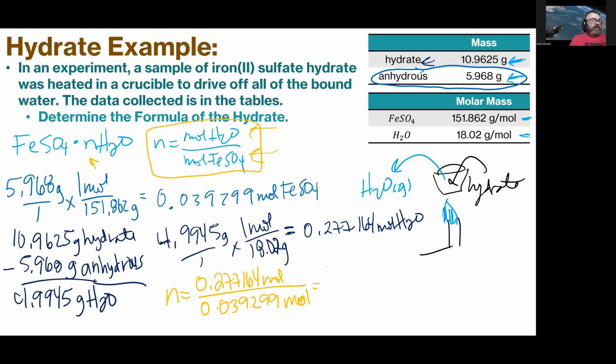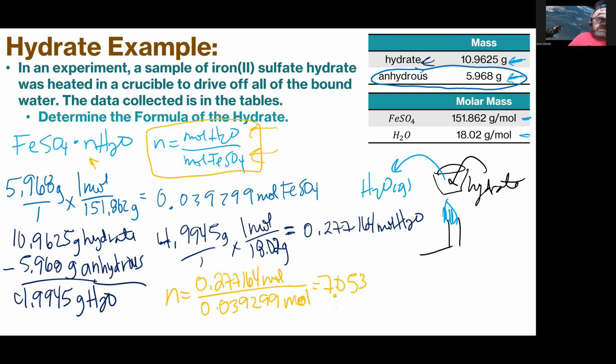Okay, I've got those numbers here. That's water divided by this one, which is 7.053. Again, this should be a whole number when you do this.